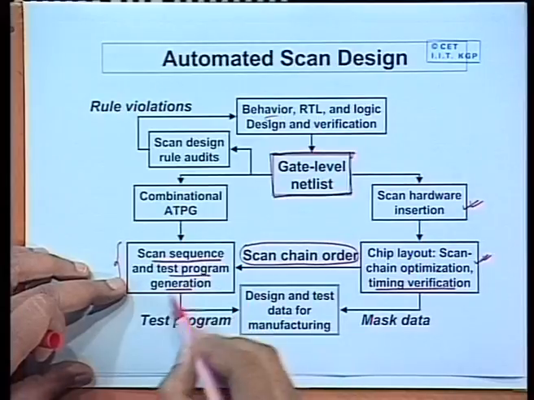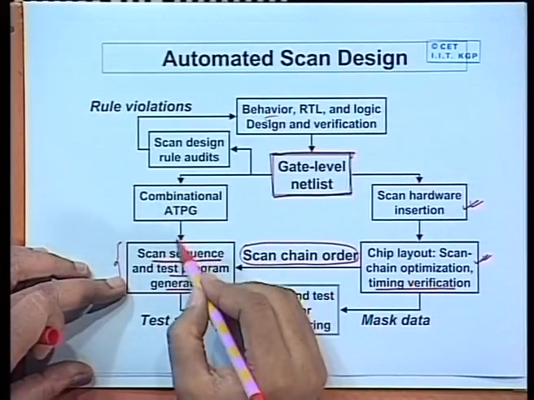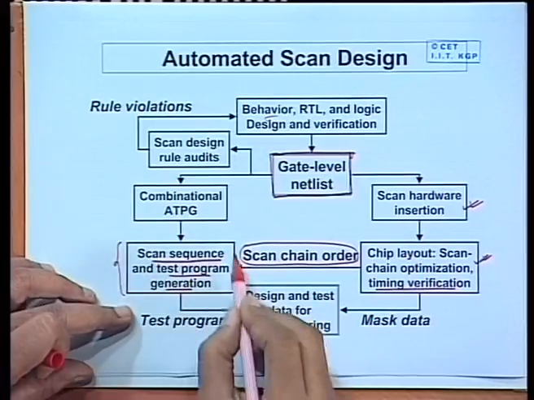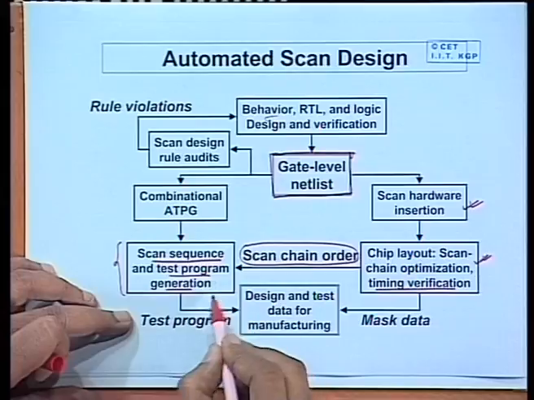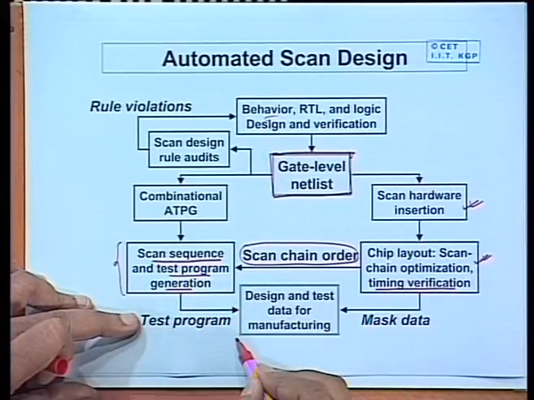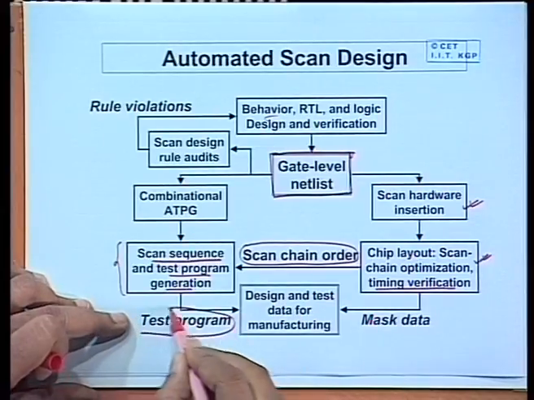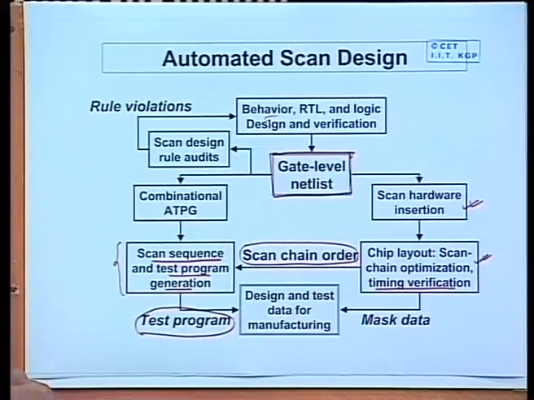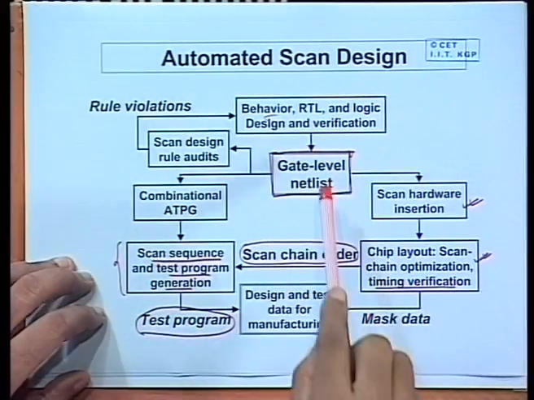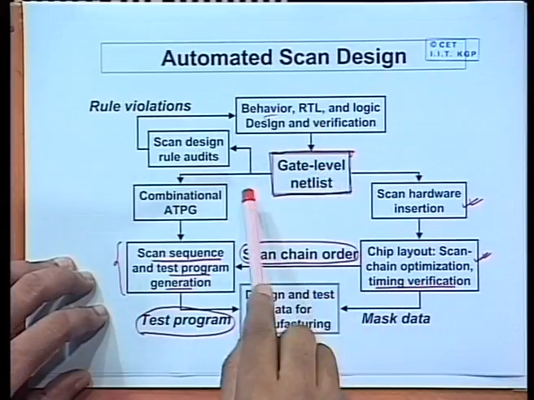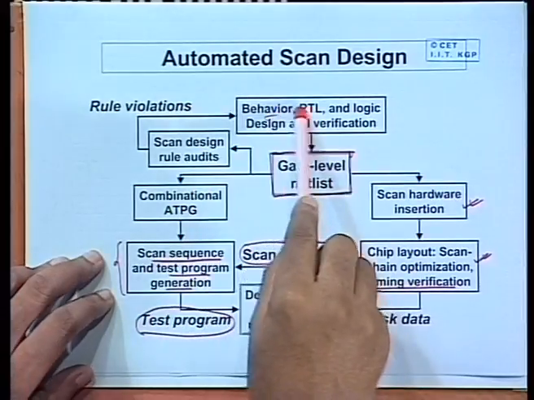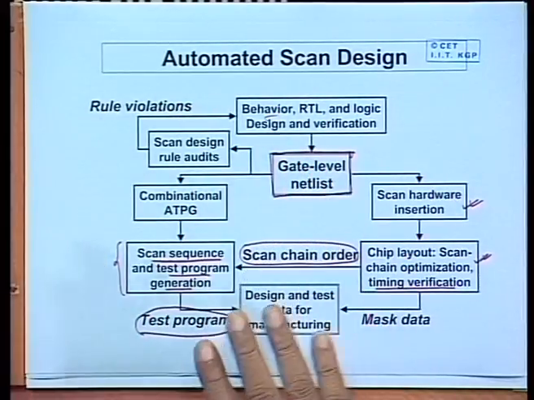In order to do this, you also need the combinational test patterns which have been generated by a combinational ATPG. So, this total pattern which you find out from here is applied to the actual chips which you fabricate, and this will be your test program. So, this is roughly the entire flow, and in the gate level netlist, if you see that there are any scan design violations, you can go back and make some changes and again come back. Okay. So, this is the whole picture.